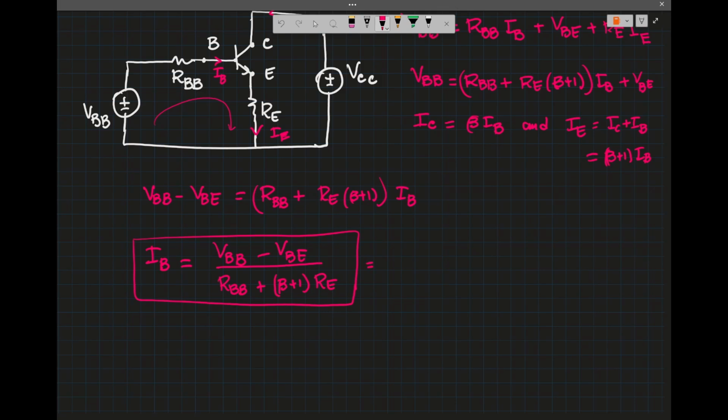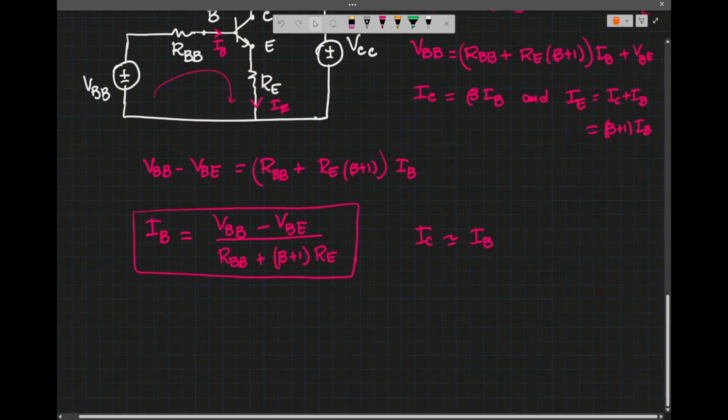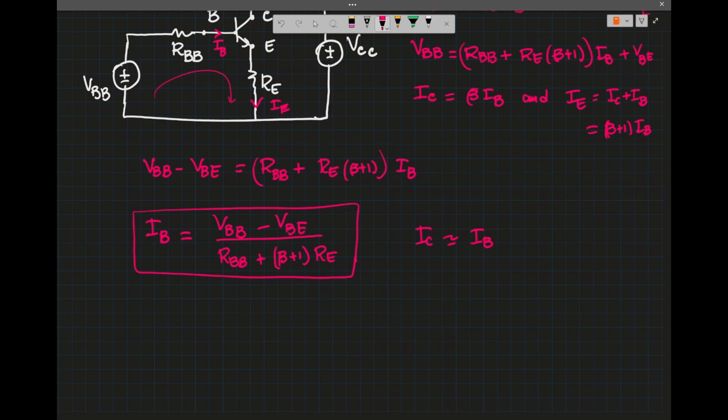So we are going to notice that IC will be almost equal to IB. So I'm going to plug in the numbers later on as we go on. Okay.